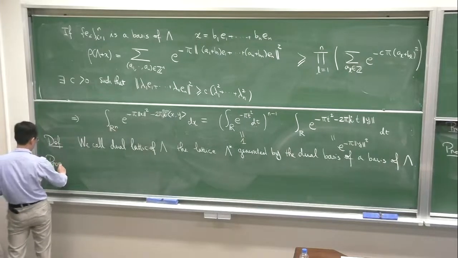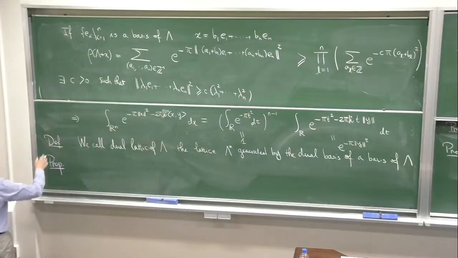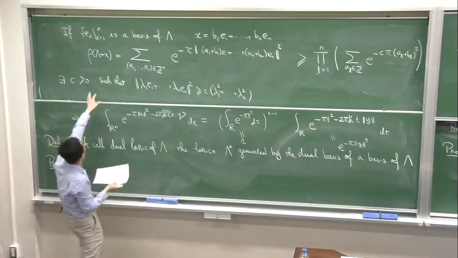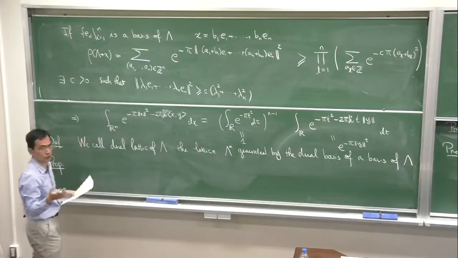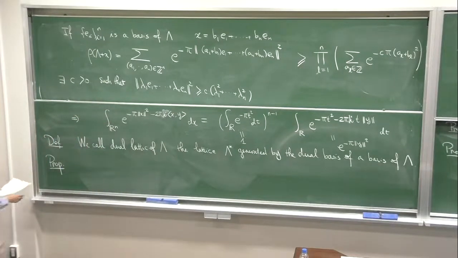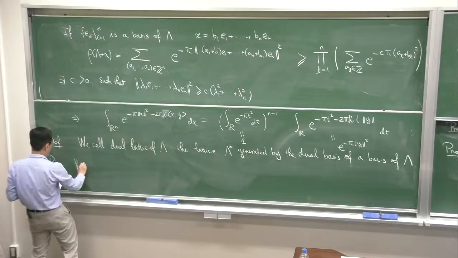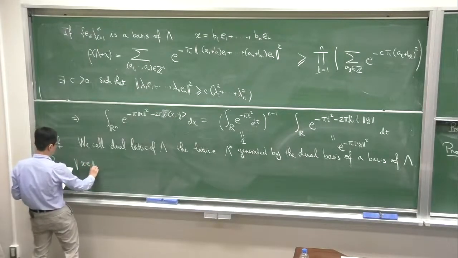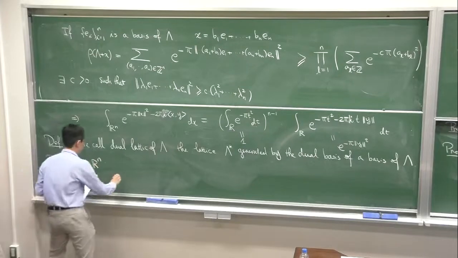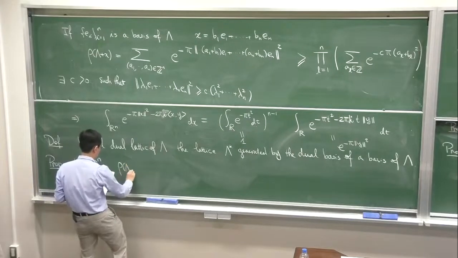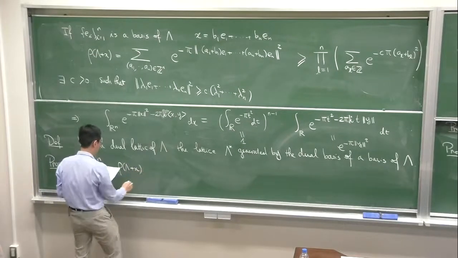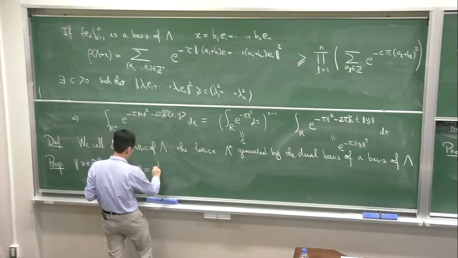So I'll give you a proposition. Now you have some function of lambda plus x, which is a periodic function, so you can compute its Fourier series.